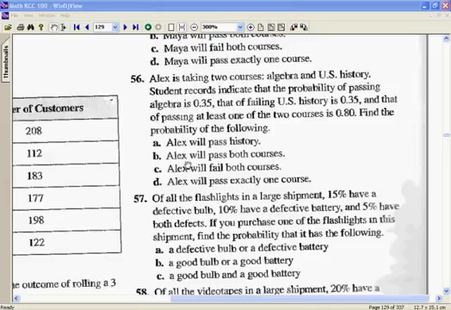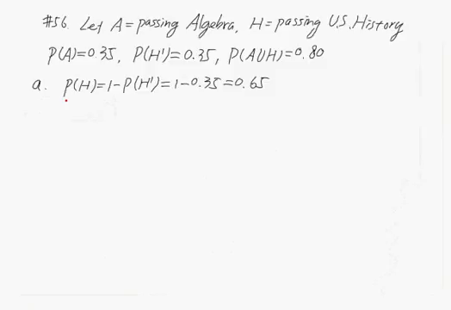Then part B, Alex will pass both courses. Passing both courses, we know this is equal to the probability of A intersection H, right?